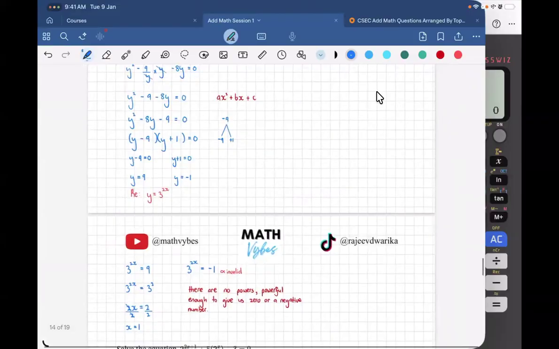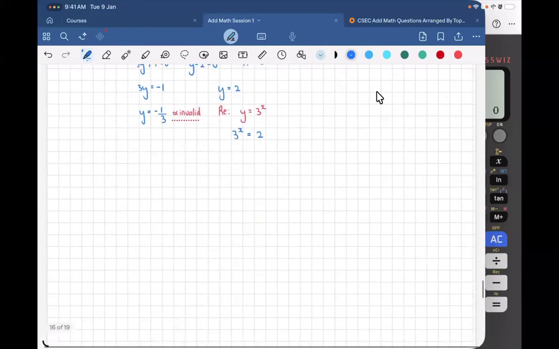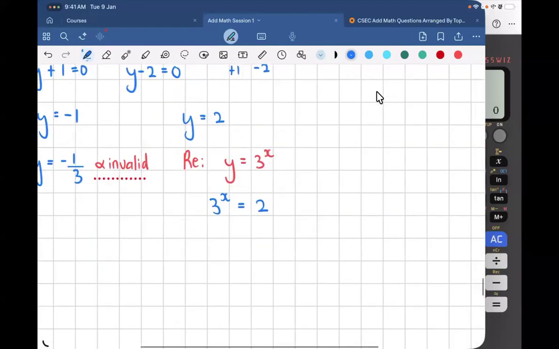Similarly, we had 3 to the power 2x is equal to 9, and I can write 9 as 3 squared. If we can't do that, then we have to use the log function. If I use the log function, x would be equal to what? Log base 3 of 2.